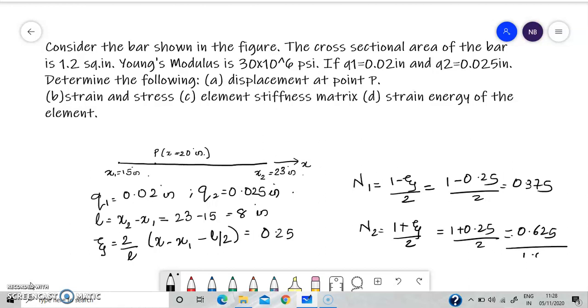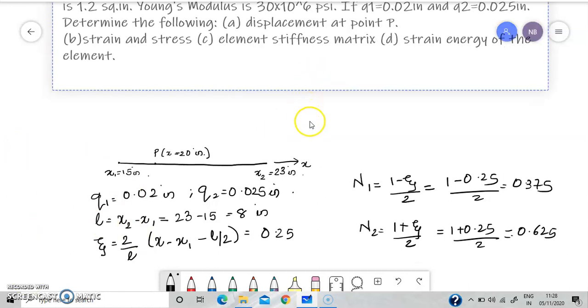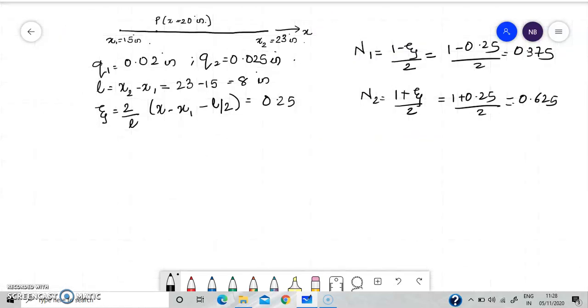So the total of this, you see, is 1. The displacement at point P can be found by using this formula, N1 Q1 plus N2 Q2, and on substitution we get 0.023 inch.